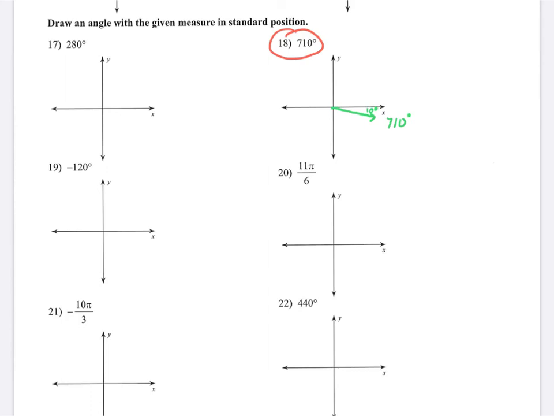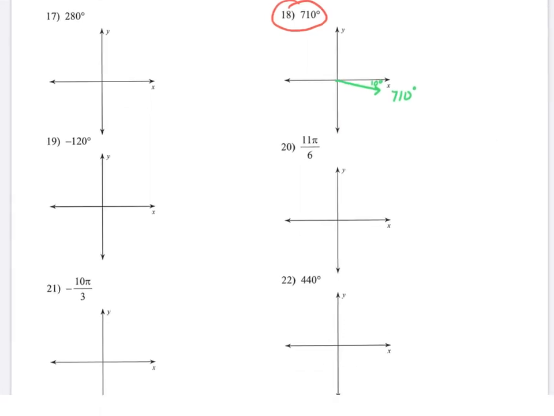Let's look at 21 here. Negative 10 pi over 3. Okay. So when I look at this, I think, okay, 6 pi over 3 is equal to 2 pi.